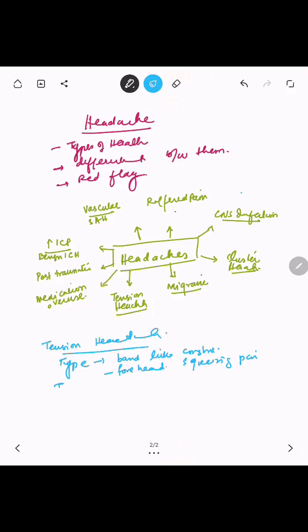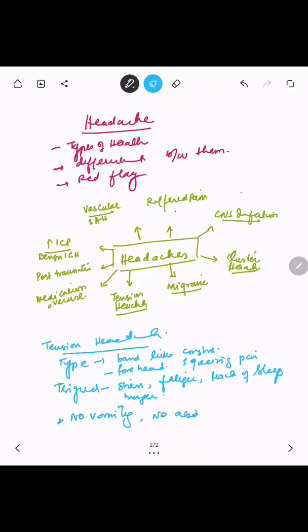And it is triggered by stress, fatigue, lack of sleep. So tension type of headache is just like a band on the forehead. It's just a squeezing pressure, and it is triggered by the stress, fatigue, or lack of sleep, maybe hunger.